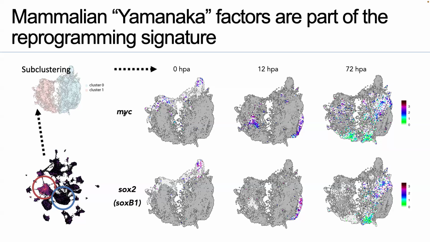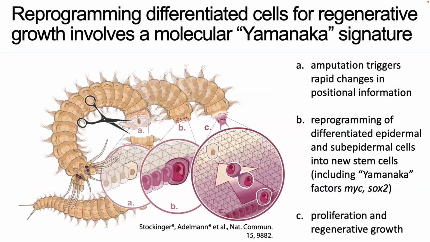And indeed, we think, and we're now exploring the idea, that these Yamanaka factors are not just markers in this process, but they might indeed be functionally required and causative in the process of reprogramming epidermal cells into stem cells.